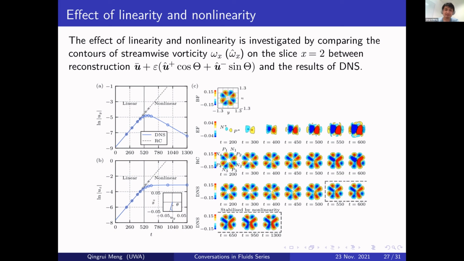The following part is where we tested the effect of the linearity and the non-linearity in this regular transition.